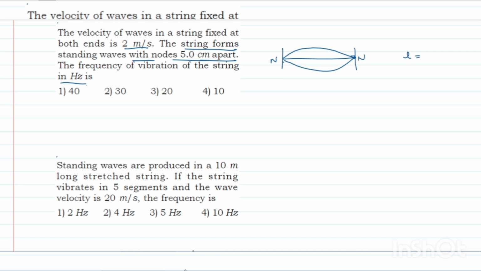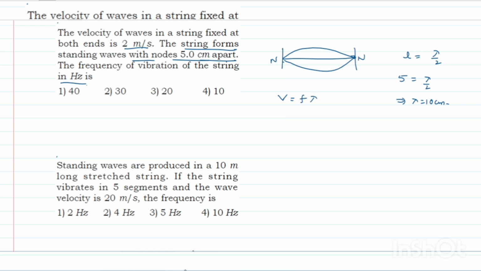So L is nothing but lambda by 2. The length is given as 5 centimeters, and they are asking only the frequency. So lambda will be 10 centimeters, and V equals f lambda.